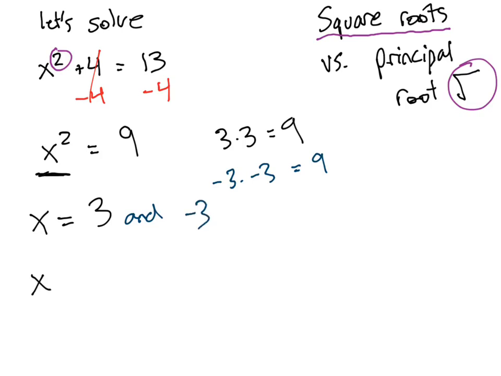Or another way that we can write that more concisely is x equals plus or minus 3. That means both the positive and negative answer. So when we're dealing with square roots, trying to find what number times itself is equal to a number, there are always going to be two options, just a positive or a negative of the same number.